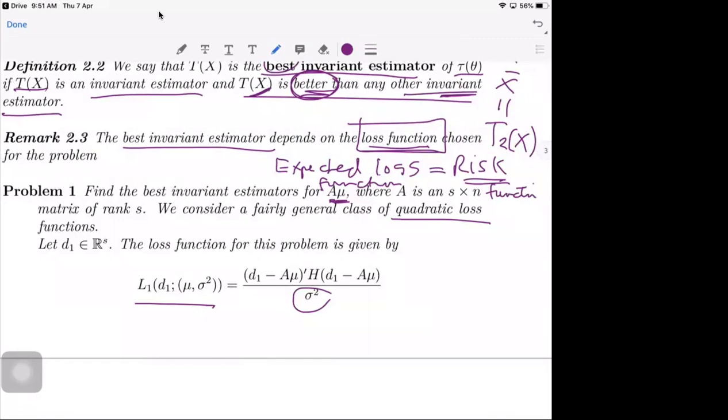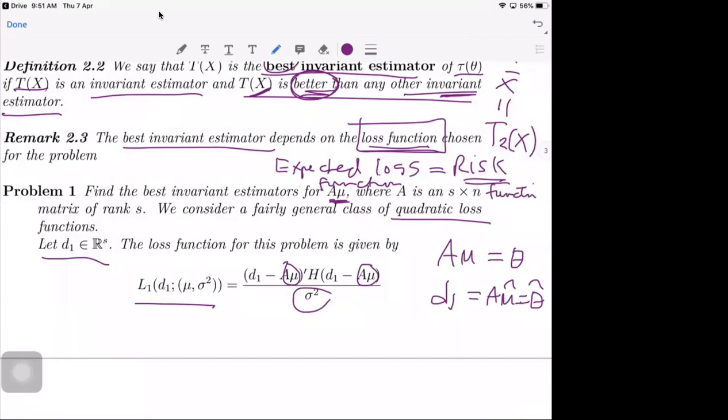So the loss function here is D1 minus A mu. So this is your parameter theta, A mu. We are looking for an estimator D1. The candidate for this is A mu hat, no? This is our theta hat. So let D1 be an S by 1 vector estimate for A mu.